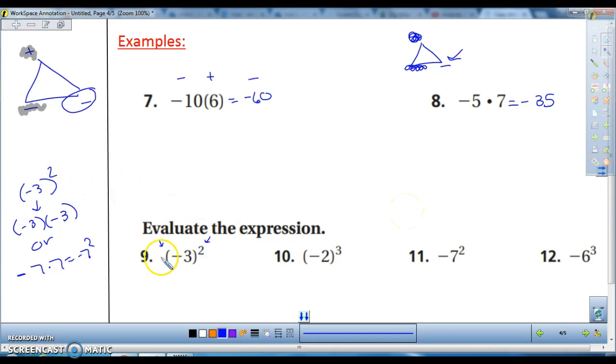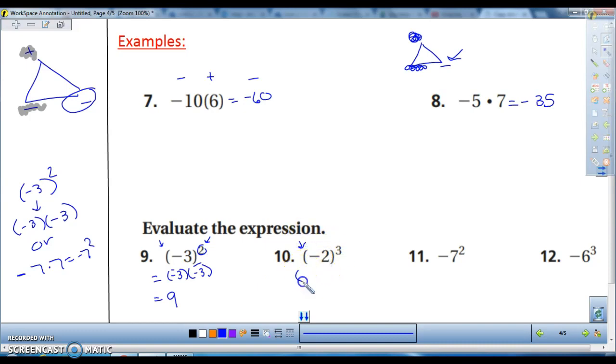I already started talking about number 9. This one says negative 3 each times itself, twice. So twice, 1, 2. Negative times negative is positive, so the answer is going to be positive, and 3 times 3 is 9. We evaluated the expression. Good job. Number 10, super important to pay attention to these parentheses.